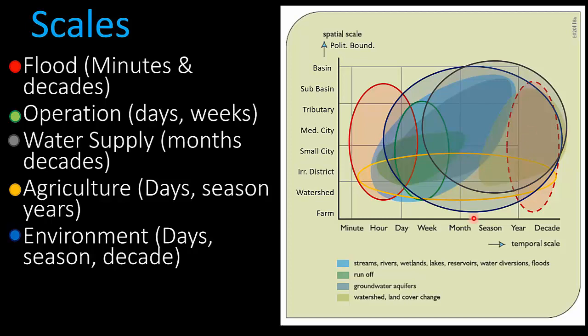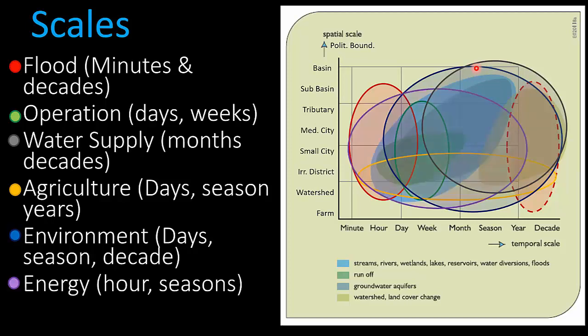And it spans from a small piece of farm where you can do good management and prevent runoff with pesticides into the river or into the aquifer, all the way to basin scale. And that's why it's also so challenging managing for ecosystems, for the environment, because basically it spans a big time and a big spatial scale.